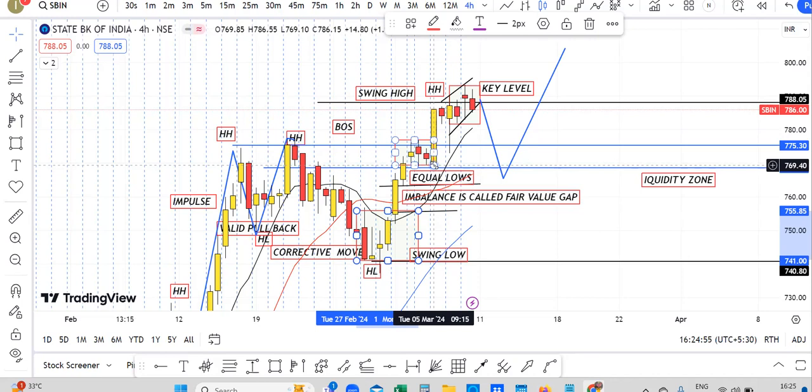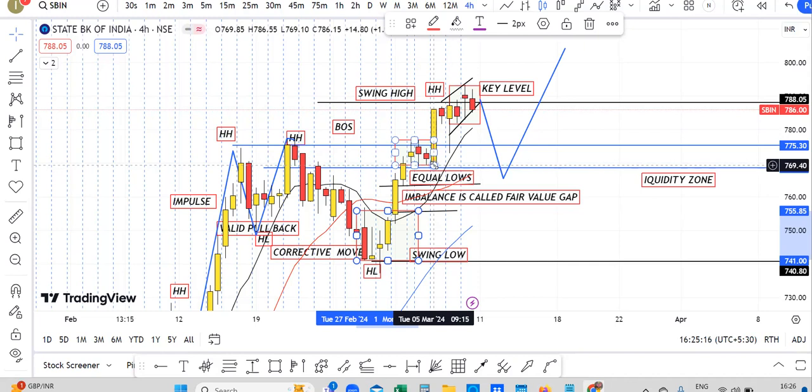After the change of character, the market will not continue. It will come down, and again to the downside there will be a change of character. The market will not go down. So there will not be any continuation of the trend to the downside or to the upside. The market stays in a range. Then it is called a directionless market.